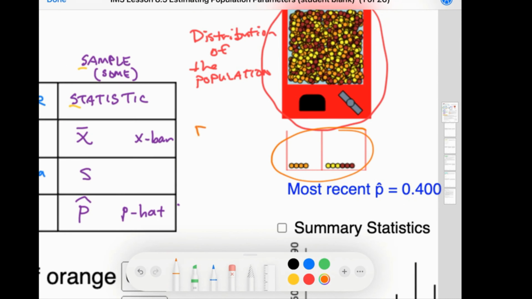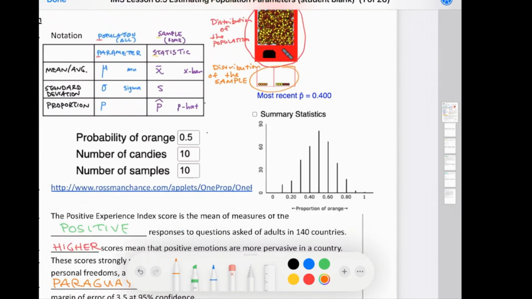So I'm going to call this the distribution of the, I'm going to put in all caps, sample. That's our sample, right? I'm not getting all of the candy at once, just put a quarter and turn it.